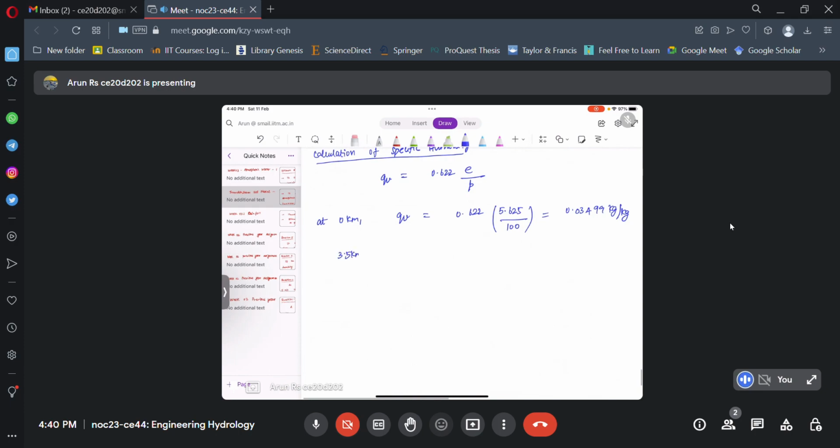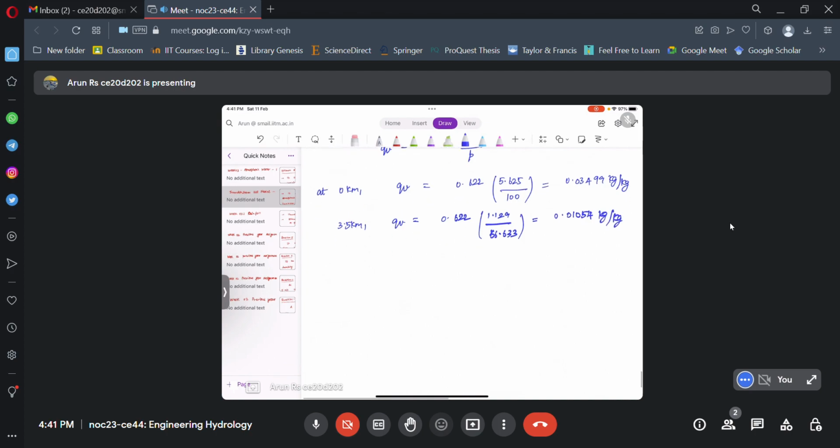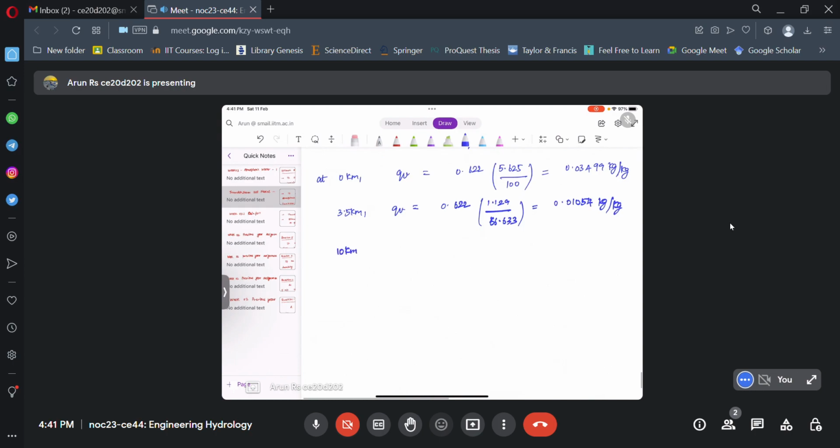Then at 3.5 kilometers, we have specific humidity in kg per kg.